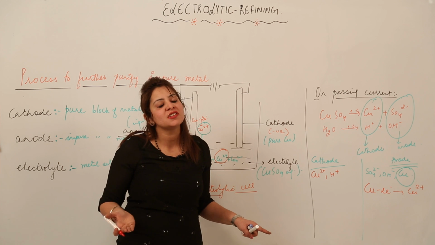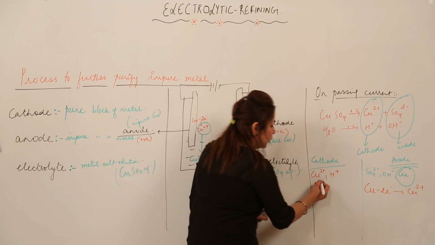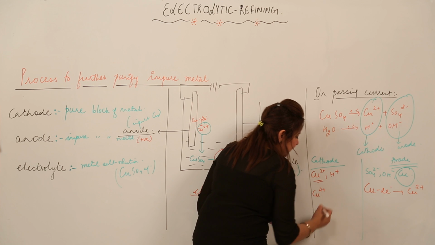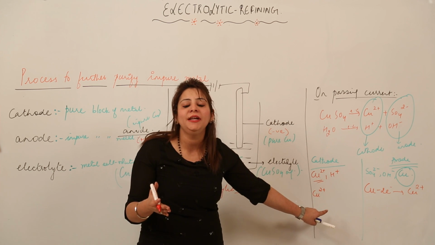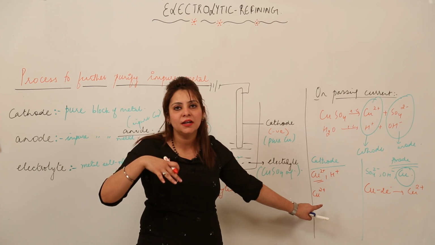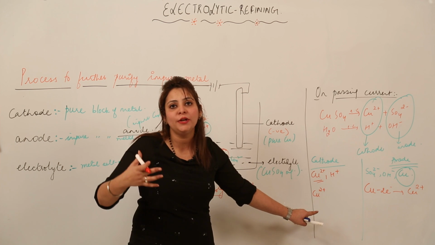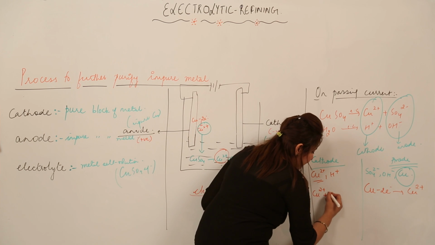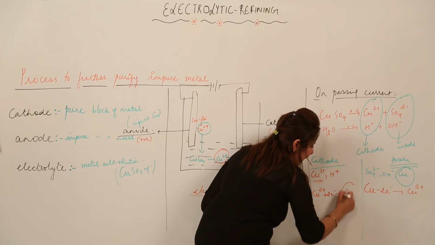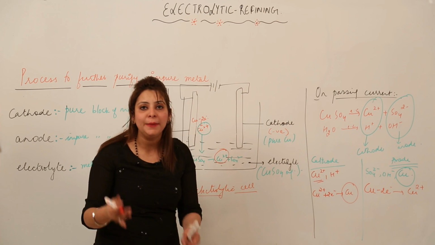So obviously it is going to discharge and show a chemical change. It has 2 positive charges, that means it has already lost 2 electrons, so it will acquire its 2 electrons back and turn into pure copper metal.